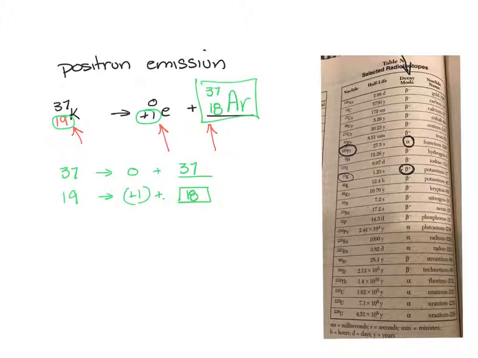And so when potassium-37 naturally transmutates by giving off a positron, this is the positron, and I knew that from here, it will change to a more stable isotope, argon-37.